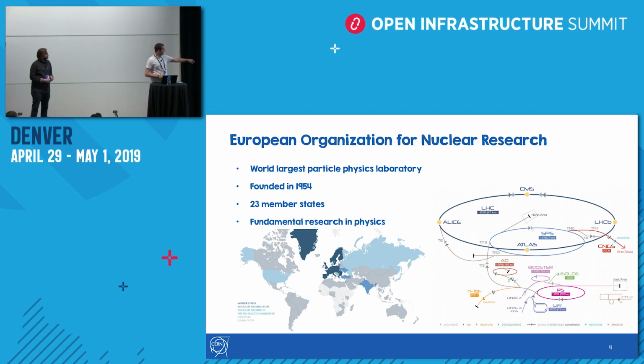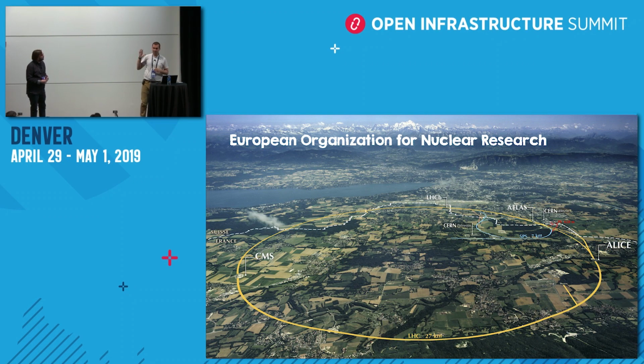We have another one just over there, the antiproton decelerator. It's the one close to where I work and where Spiros works. To get an impression of the size of the complex, this is a view of the whole setup.